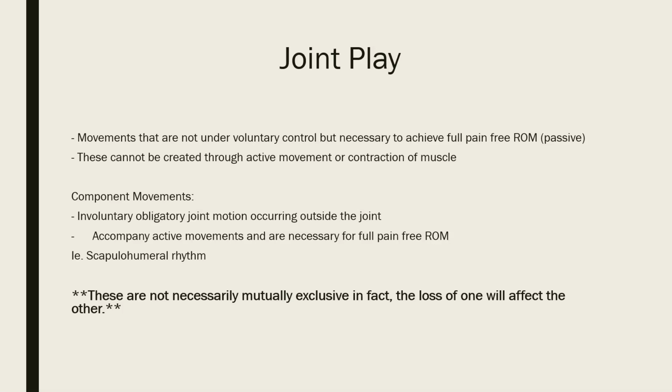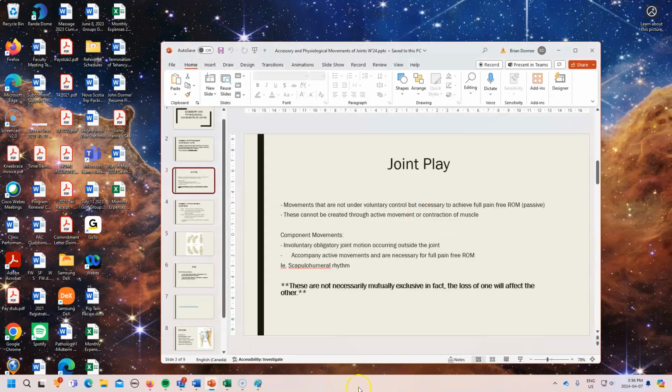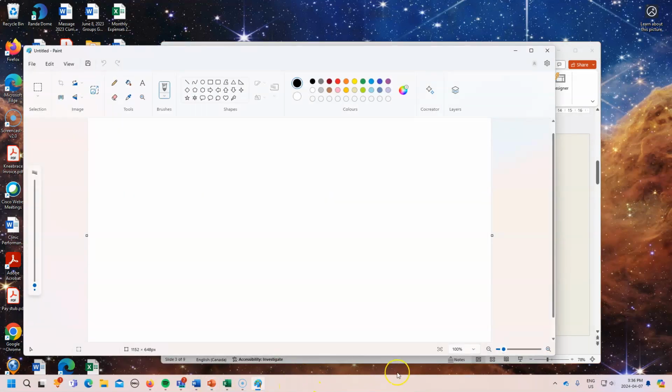So we already have talked a little bit about this scapulohumeral rhythm or articulation. So when we look at shoulder abduction, adduction, we have rotation of the scapula that needs to occur in order to have the shoulder function properly. So we'll look here at a diagram.